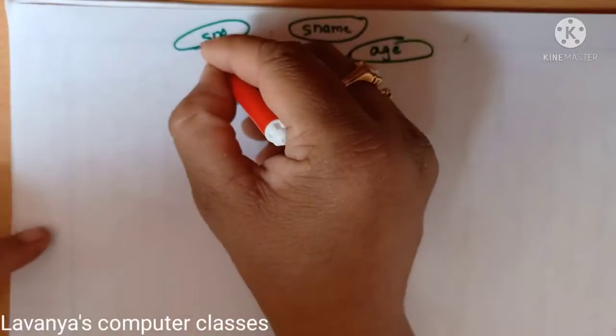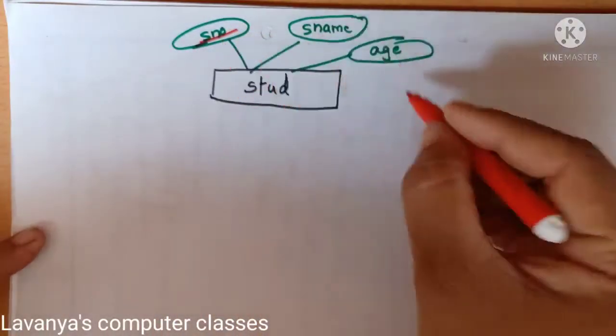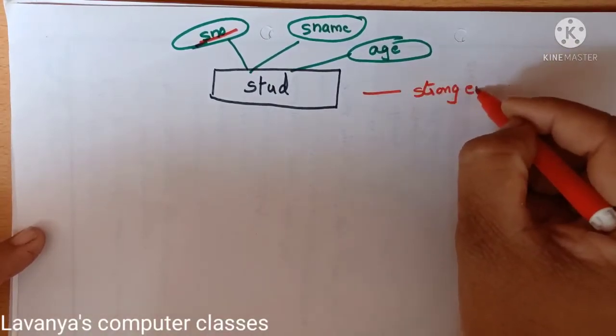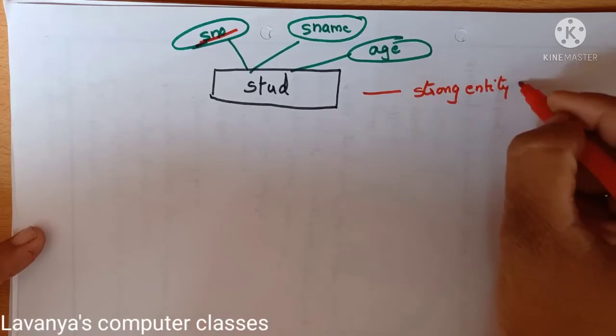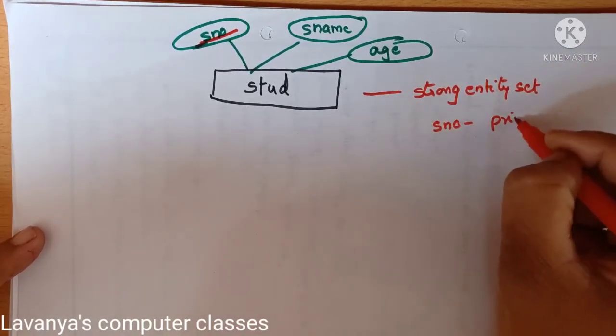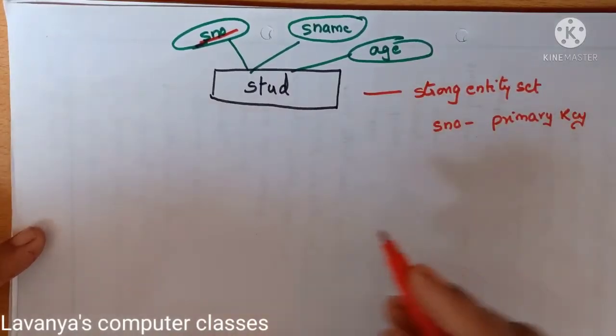That is the serial number. So you write an underline under serial number. Any entity set with a primary key is known as a strong entity set. This is the strong entity set representation. In this, serial number is the primary key attribute. So through this one we can easily identify.